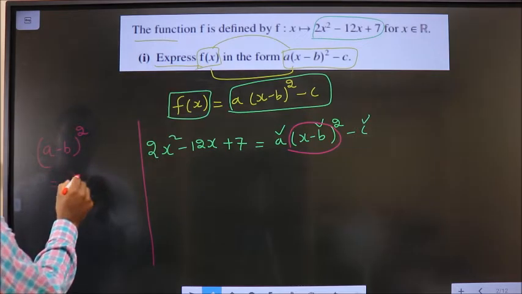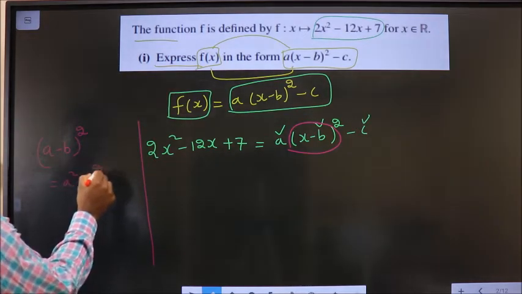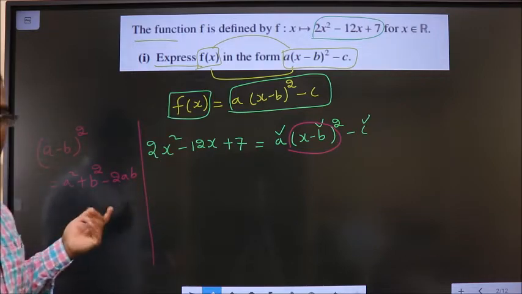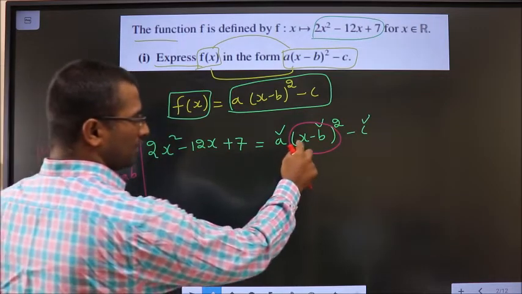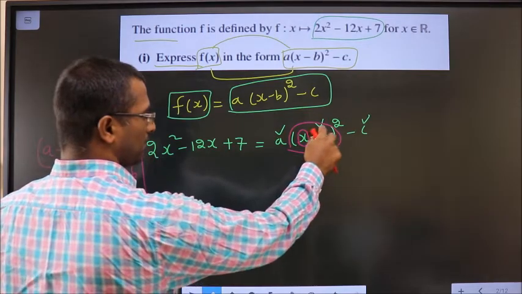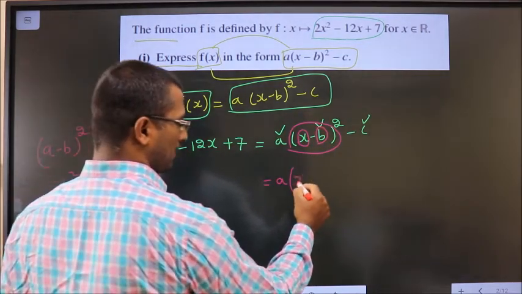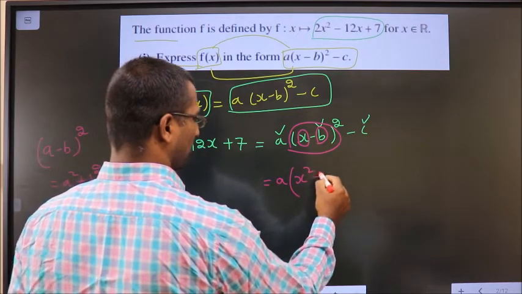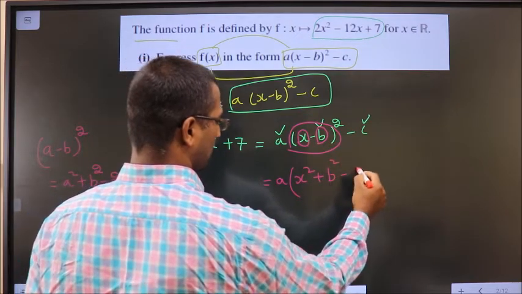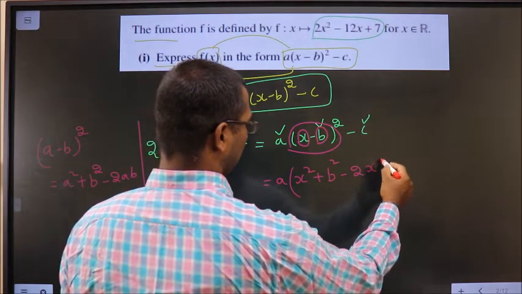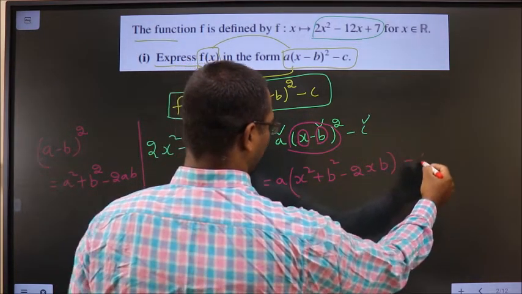It is a square plus b square minus 2ab. In place of a, you have x. In place of b, it is b only. So a square is x square, b square is b square, minus 2ab, in place of a, x, in place of b, b.